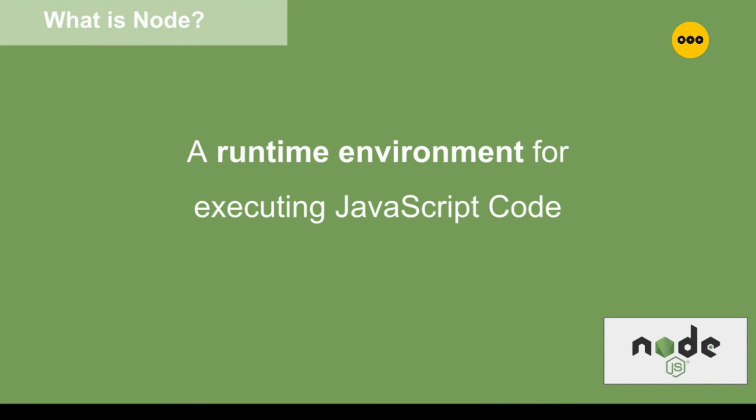So he picked the V8 engine and embedded it in a C++ program, and then he called it Node. So Node is a combination of the V8 engine and a C++ program. Mind you, the V8 engine itself was built with C++. So he said, okay, I'll pick the V8 engine, add a bunch of C++ code, and then we had Node.js.